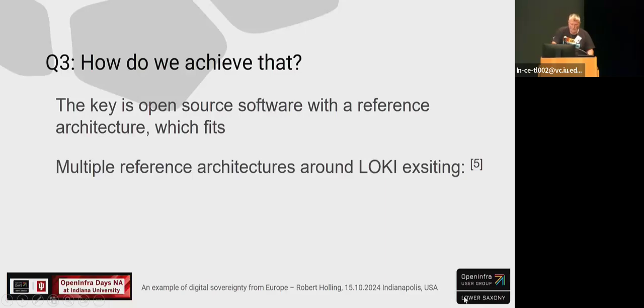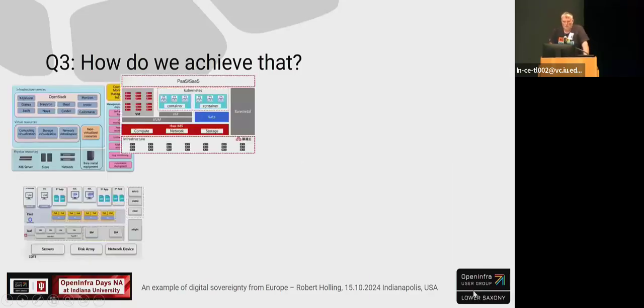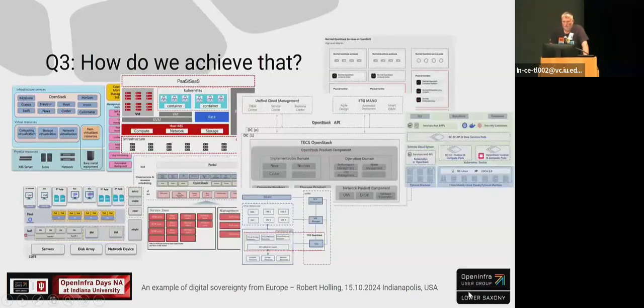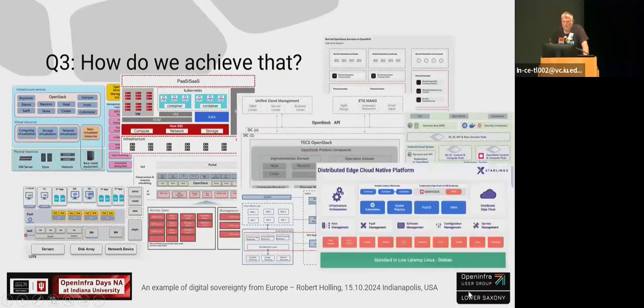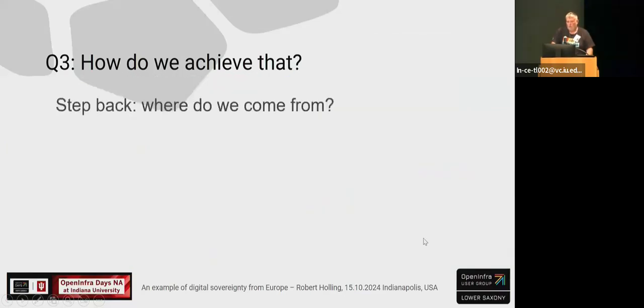You can find them on the Open Infra Foundation homepage under blueprints for open infrastructures. I just copied them from the web, from different CSPs which are offering solutions, and yeah, reference architectures.